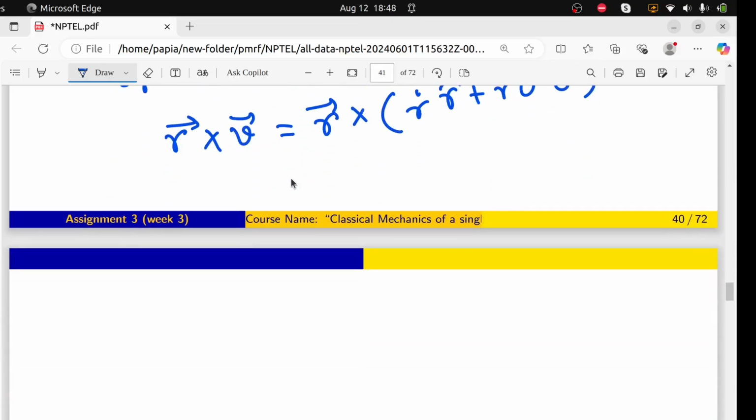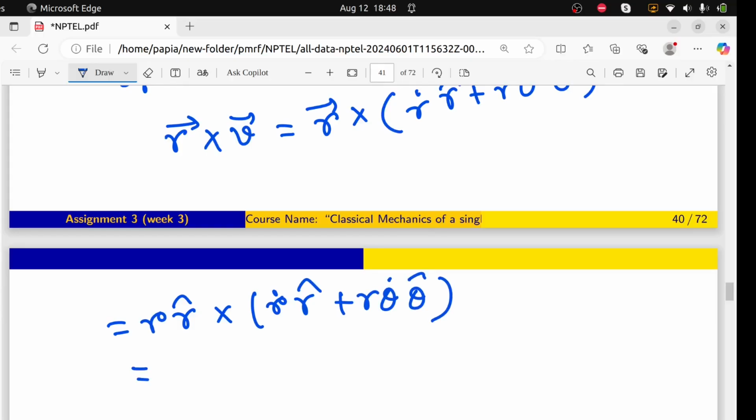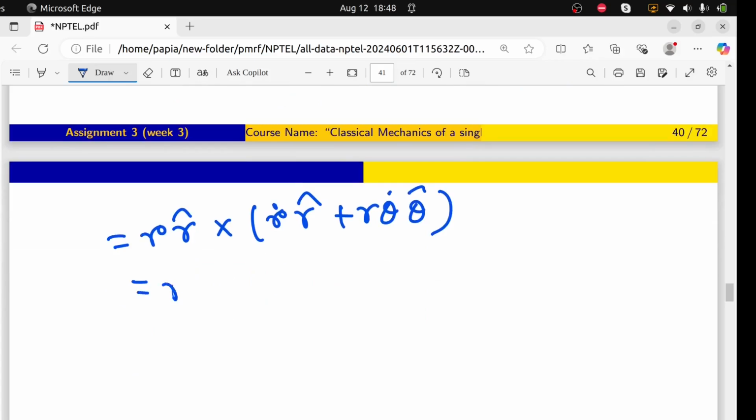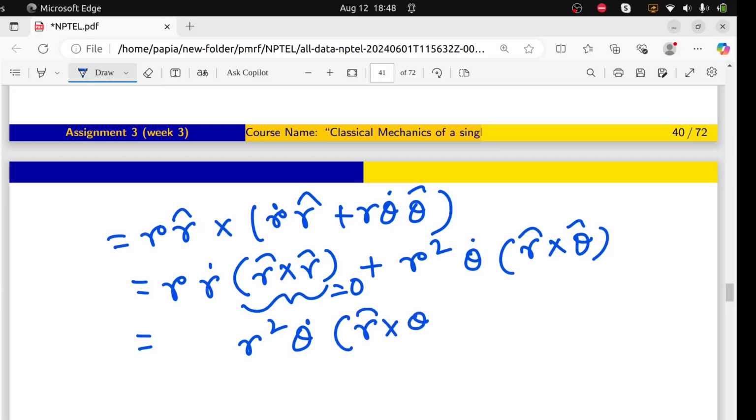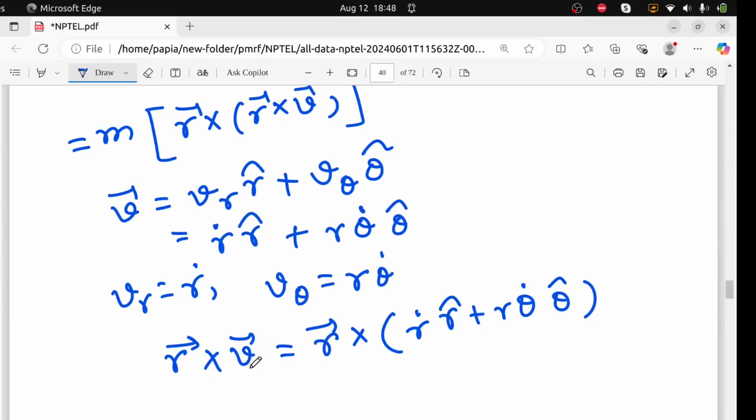Now r vector I can write as r times r cap. Now you can see r dot r cap cross r cap plus r square theta dot r cap cross theta cap. Now r cap cross r cap will give me 0, so it is r square theta dot r cap cross theta cap. This I am getting from r vector cross v vector.